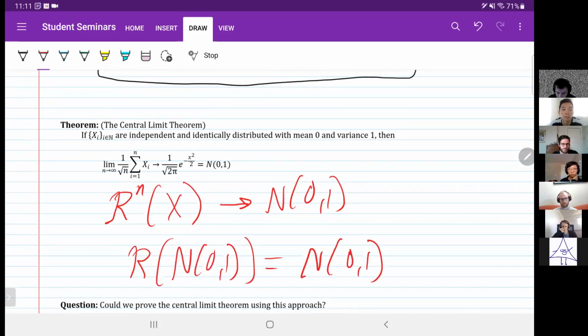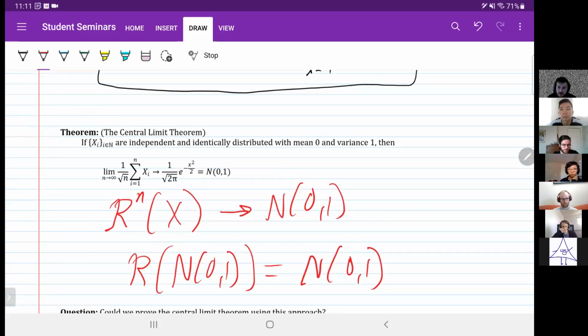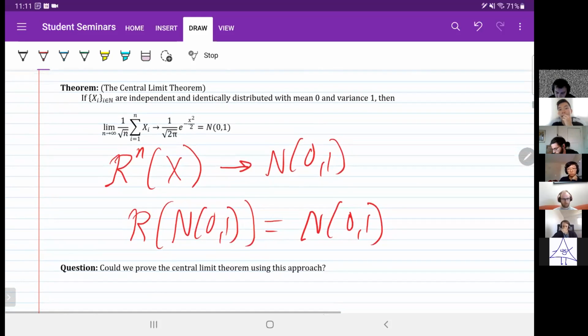Okay. So the power of the renormalization method comes in not thinking about this as a sort of geometric operation, this rescaling, but to think of this as some operator on the space of probability distributions, or whatever space it's acting on. And so the question is, can we actually prove the central limit theorem with this idea? And the answer is actually yes, but it's hard.